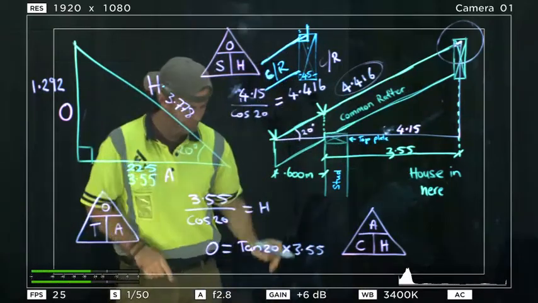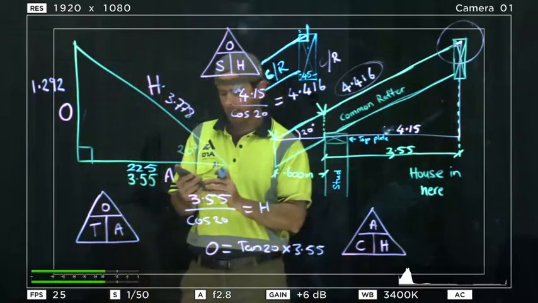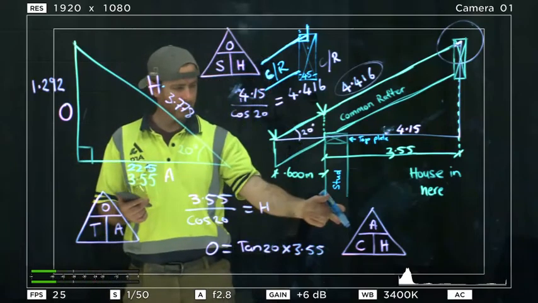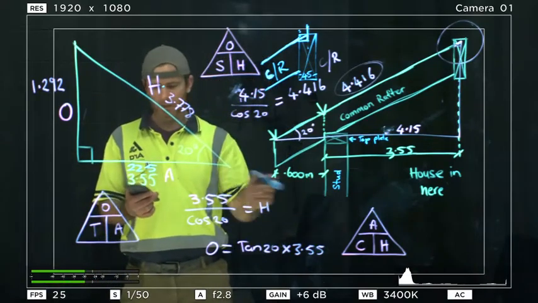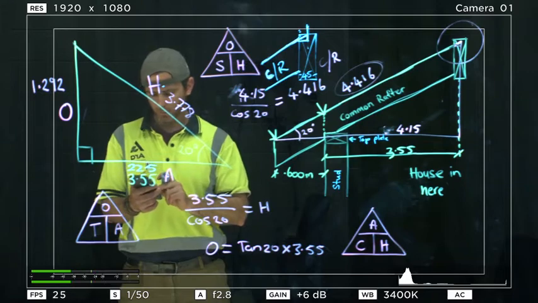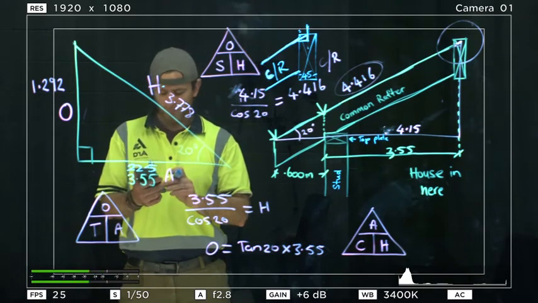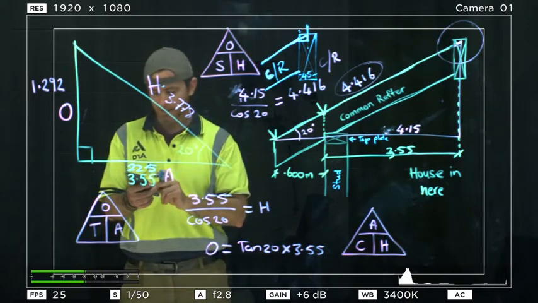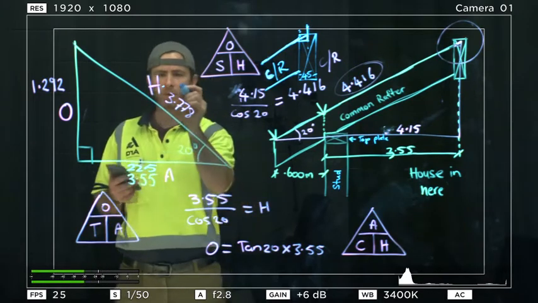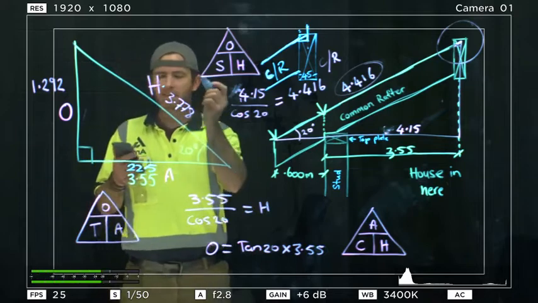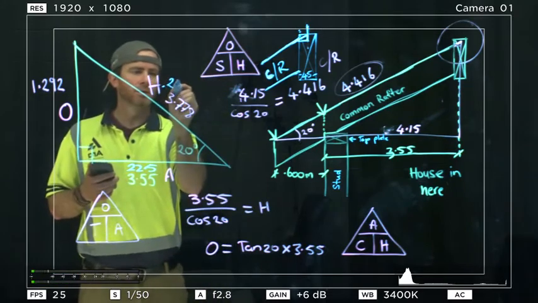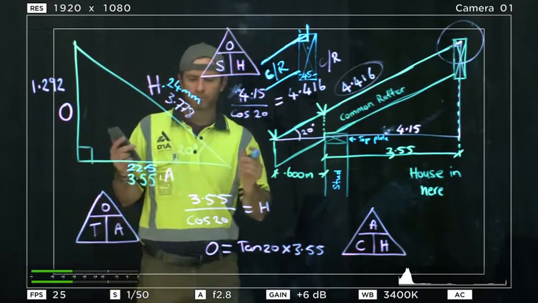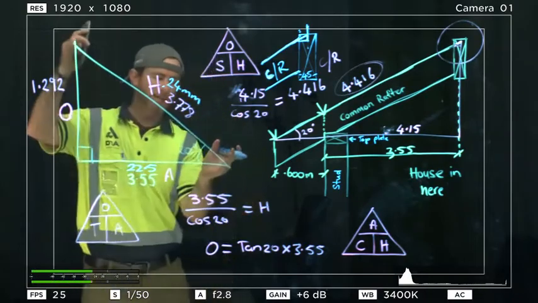We need to do the maths. Getting the calculator out. We've got adjacent and hypotenuse, we're going to use cos. So we're going to go 22.5 divided by cos of the angle, so cos 20. It's going to be 23.9, so let's say 24 millimeters.